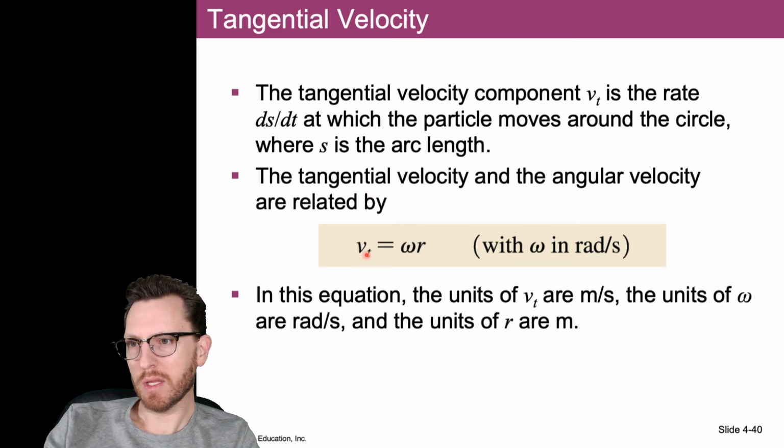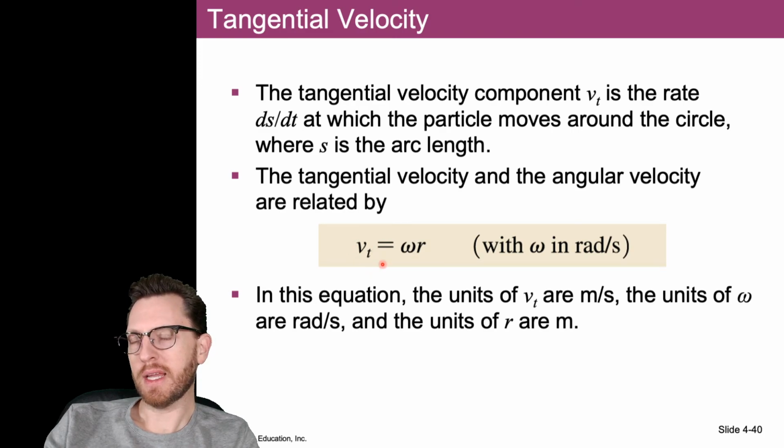Remember, s was just theta times r. And r is some constant, so it's going to pull outside of this. Now when I take the derivative of theta times r, I just get the time derivative of theta with respect to t times r, or omega r.